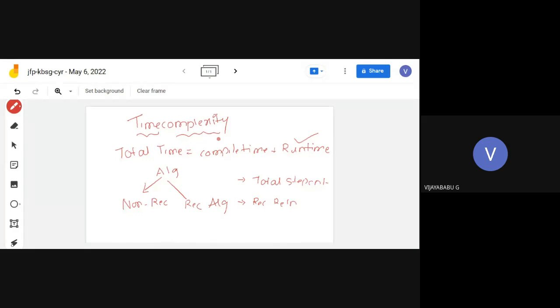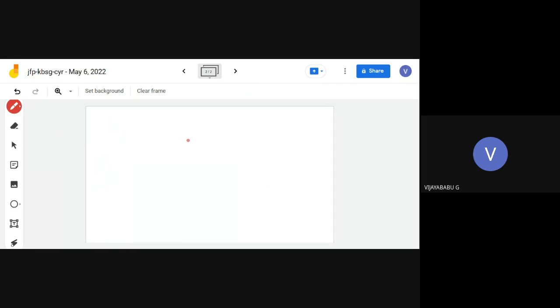And as we know, time complexity is focusing on the number of statements within the algorithm and how many number of times each and every statement is going to be executed. So for example, if I take an algorithm, the simple algorithm that I am taking here: Algorithm Sum(a, n). s is equal to 0.0.